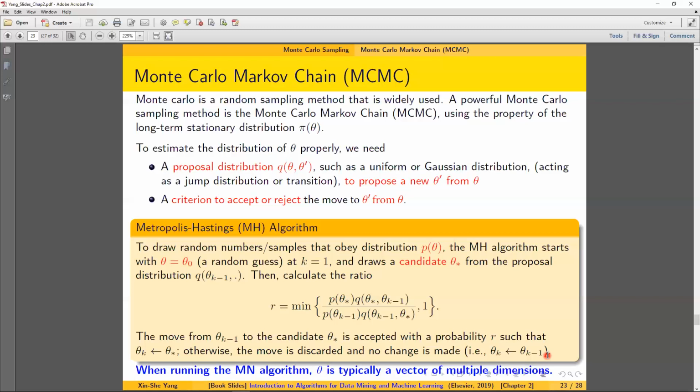So what you do is draw a random number of samples from a distribution p theta.